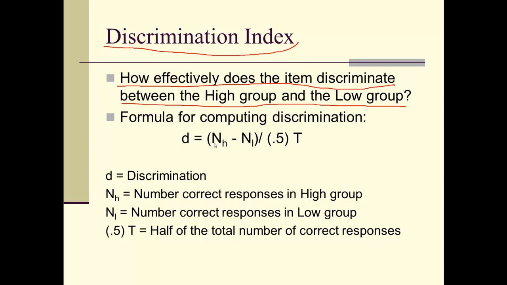We take the number of the high group and subtract the number from the low group, then divide that by half of the total number of correct responses. And that's the key: half of the total number of correct responses here. And so this is the difference here. We're comparing how many got it right.